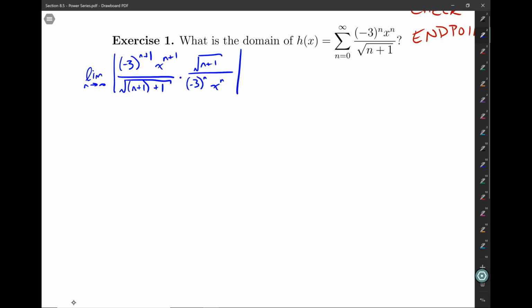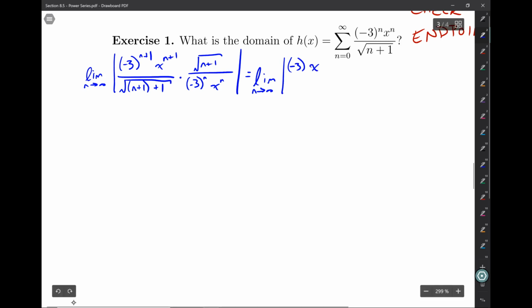So, let's see what happens here. We're finding this limit. We want to cancel as much as possible. Now, if we have a negative 3 to the n plus 1 divided by a negative 3 to the power of n, that should just leave negative 3 to the power of n plus 1 minus n, or rather, just negative 3. We have an x to the power of n plus 1 divided by x to the power of n.